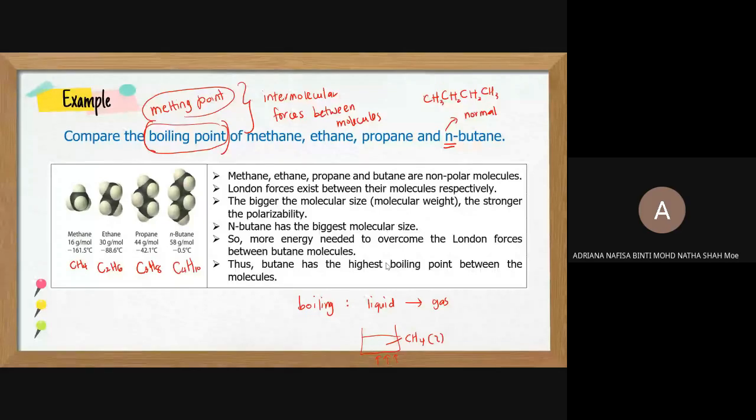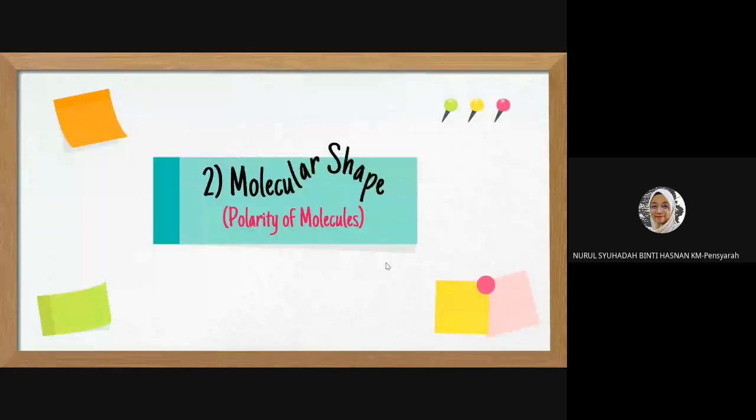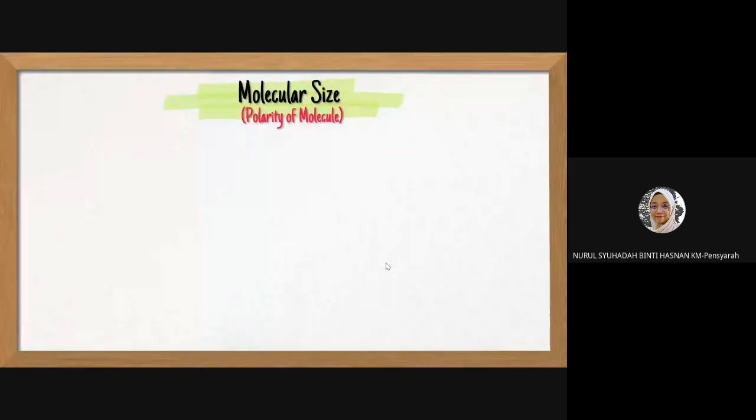Clear, madam? Okay, so yang seterusnya, we're going to look on molecular shape or the polarity of the molecule. Untuk molecular shape ataupun polarity of a molecule dekat sini, kita akan compare untuk comparable size.